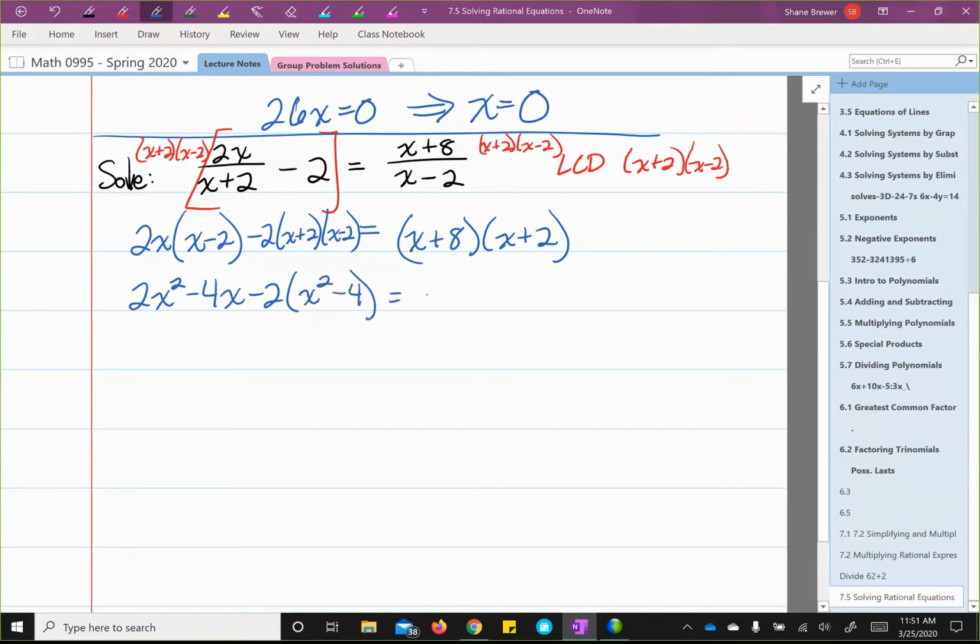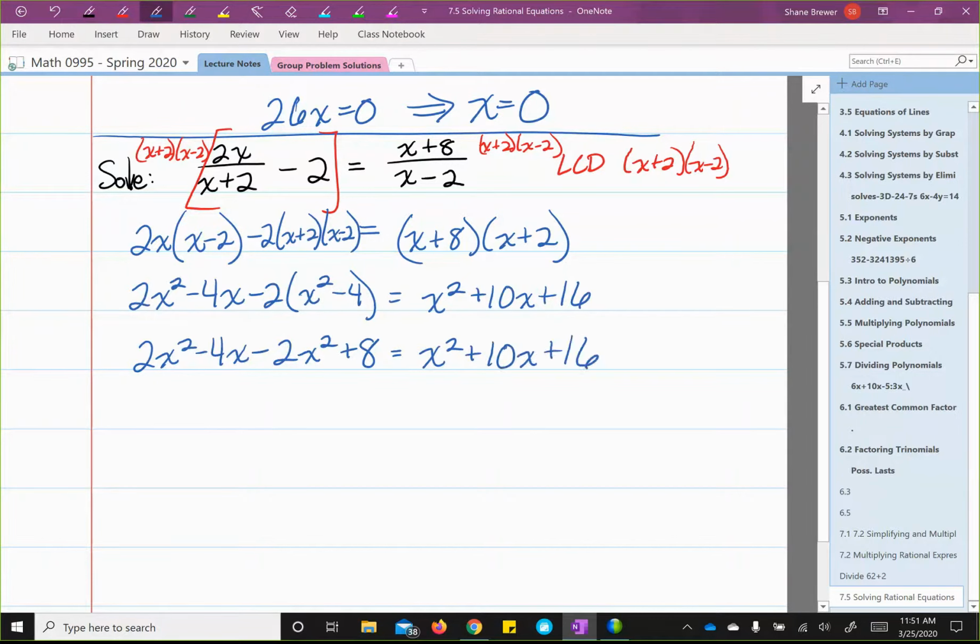This right side is x squared plus 10x plus 16. 2x squared minus 4x minus 2x squared plus 8 equals x squared plus 10x plus 16. All right, so we just keep working this through. This is a minus 4x plus 8 equals x squared plus 10x plus 16.